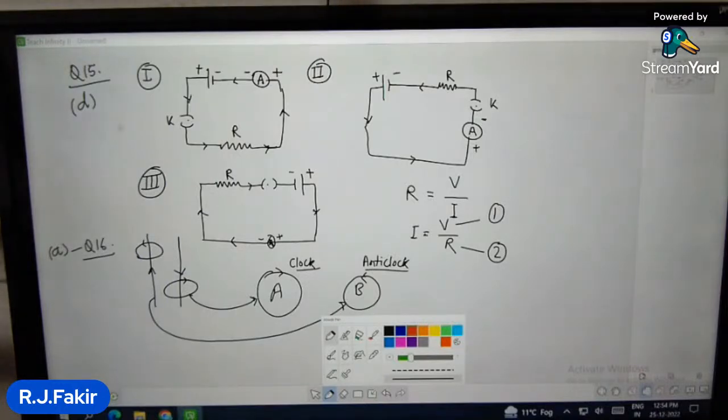Magnetic field lines emerge out of the North Pole and enter into the South Pole. This rule we know. So the clockwise magnetic field lines represent B to A. Then the North Pole of the resultant magnet is on the face close to A. Right. So A option is correct.